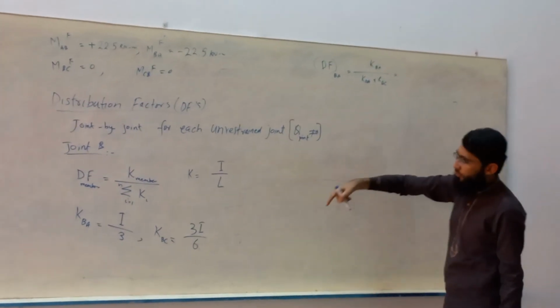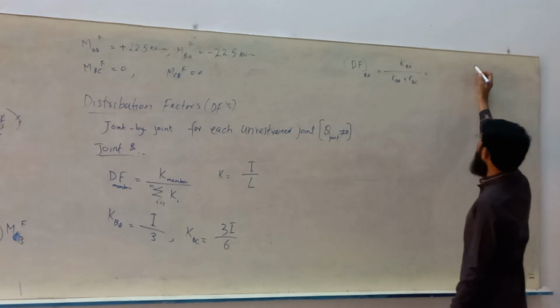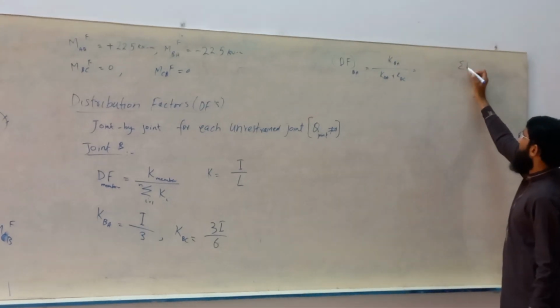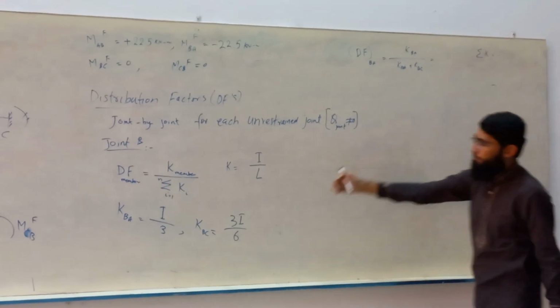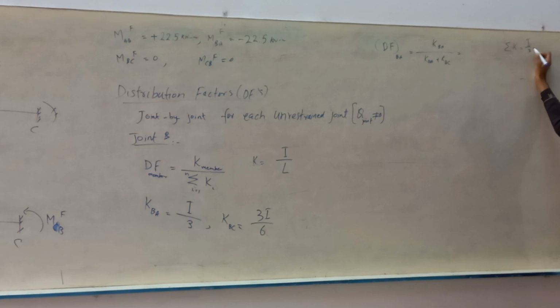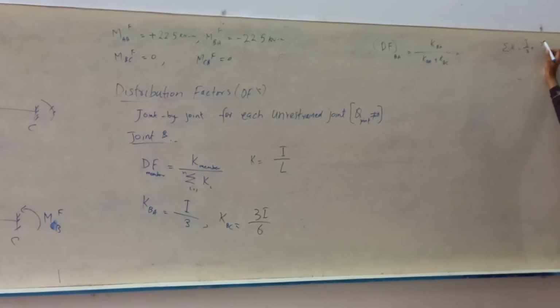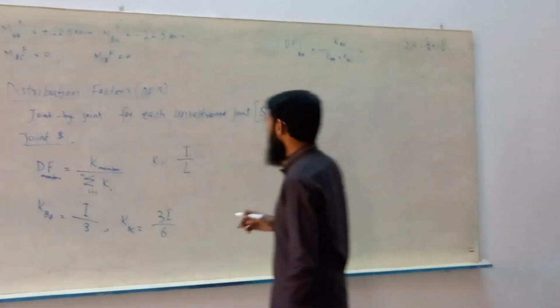So it is equal to, so how about just doing this thing first? Summation of K's would be I by 3 plus 3I by 6. So it's basically 1 over 3 plus 1 over 2.